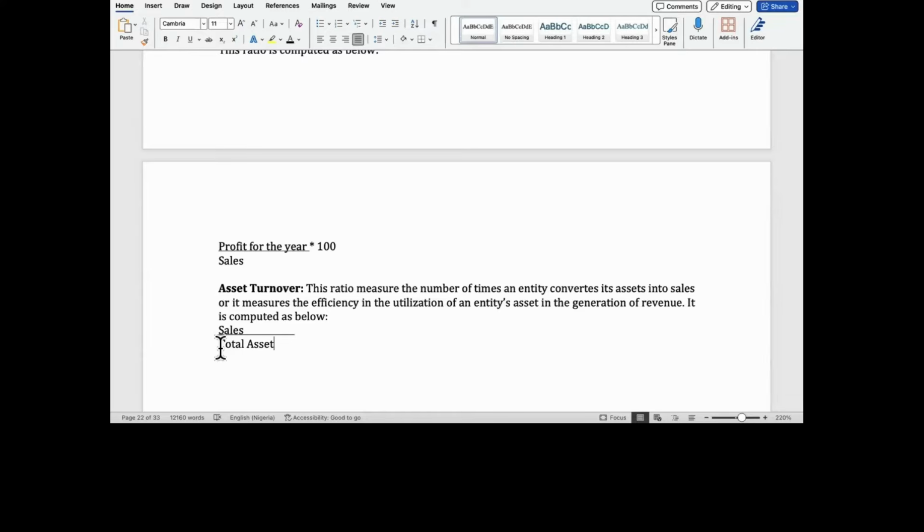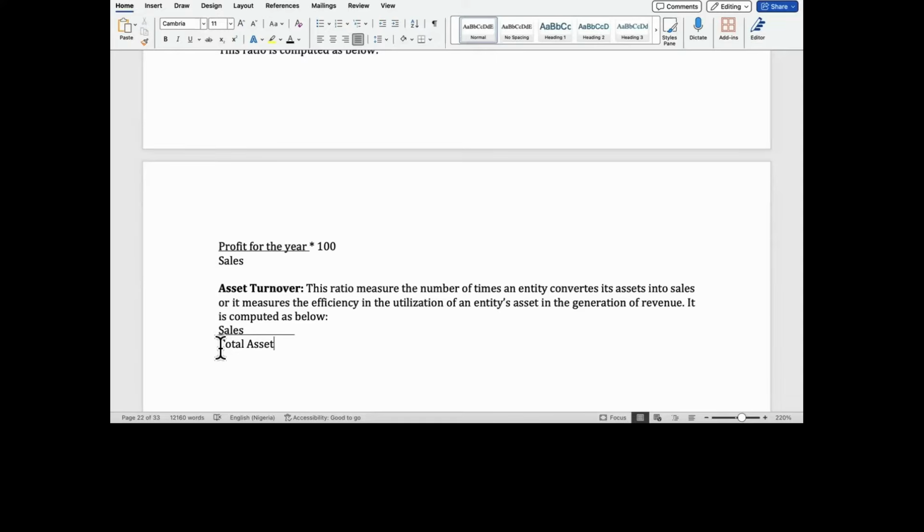What makes a good analysis here is that you need to speak to the volume of goods sold. That's what makes a good asset turnover. Because based on ICAN 101 microeconomics, what makes an entity have huge sales is when its selling prices are low: the lower the price, the higher the quantity demanded.